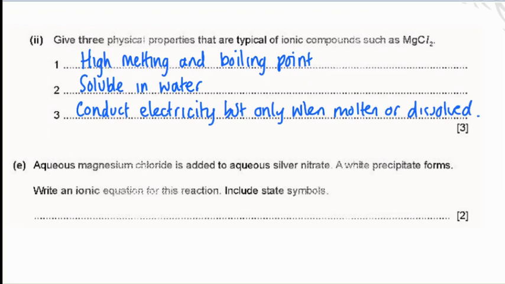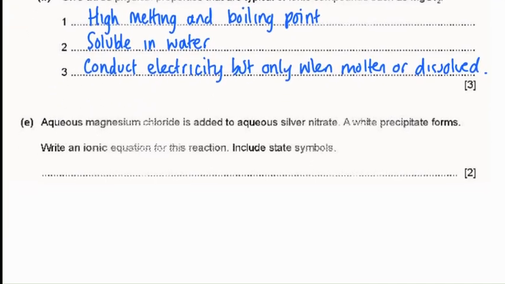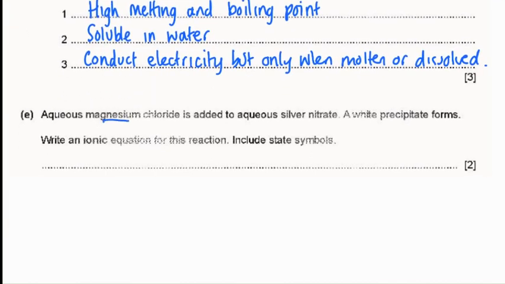Aqueous magnesium chloride is added to aqueous silver nitrate. A white precipitate forms. Write an ionic equation for this reaction and include state symbols. Because it says include state symbols, we know we're getting a mark for it. So in this case, magnesium chloride is added to silver nitrate, and we know that the precipitate of silver chloride forms.